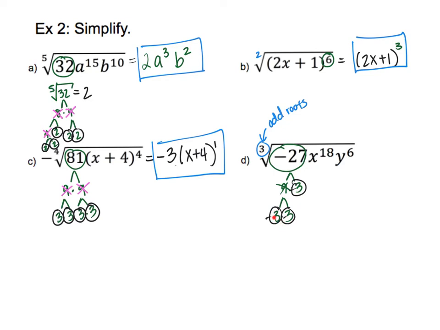Because negative 3 times negative 3 gives you positive 9. Positive 9 times negative 3 gives you a negative 27. So in this case, negative 3 is the cube root of negative 27. X is to the 18th power, so 18 divided by 3 is x to the 6th power. And then y is to the 6th power, divided by 3 gives you a 2. So this here is my final answer. And that's it.